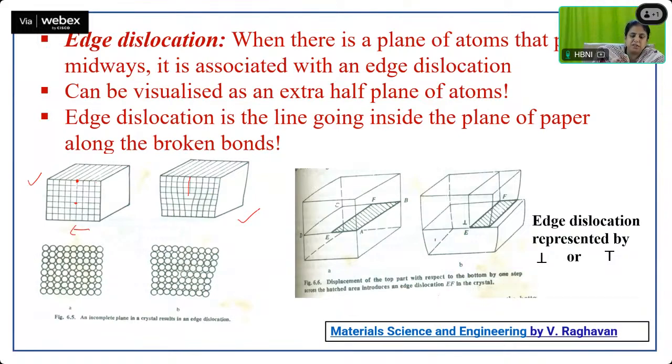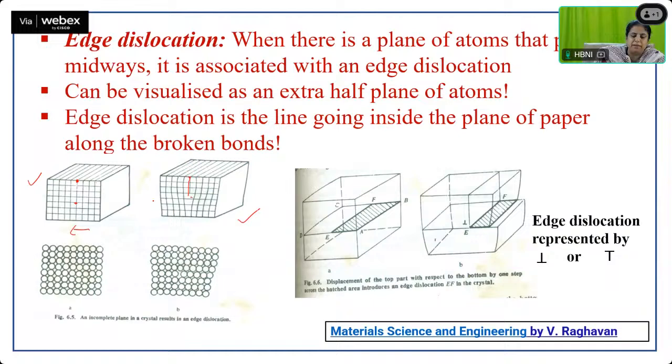This line that is going inside the surface of the cube, okay, that represents the incomplete plane, is called edge dislocation. Okay, I'll repeat again. Suppose you have this plane which started from the top, but it finished abruptly somewhere in the middle.